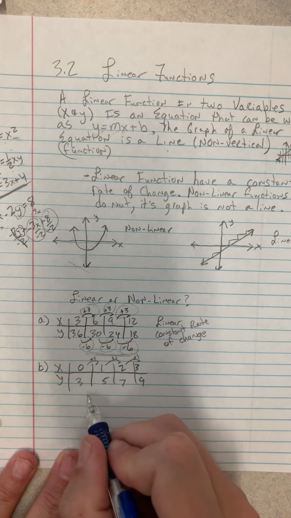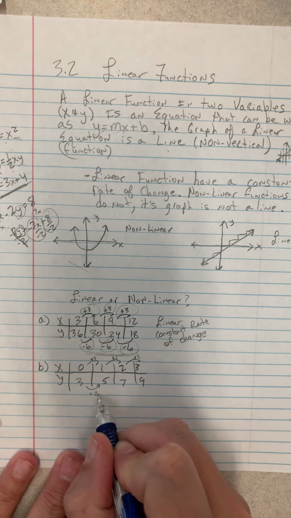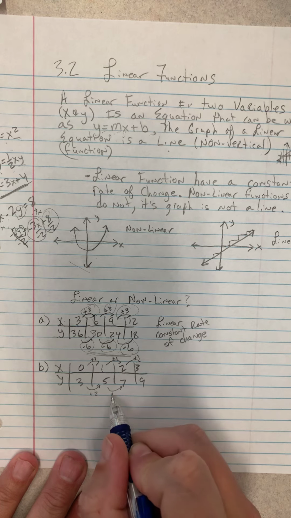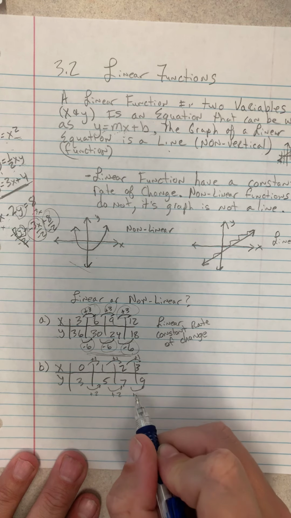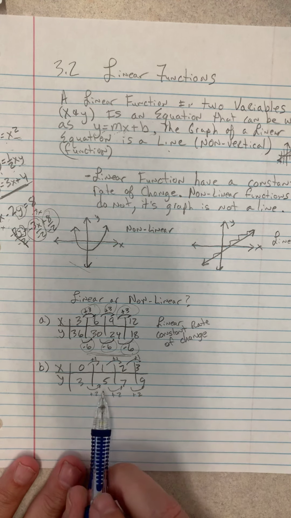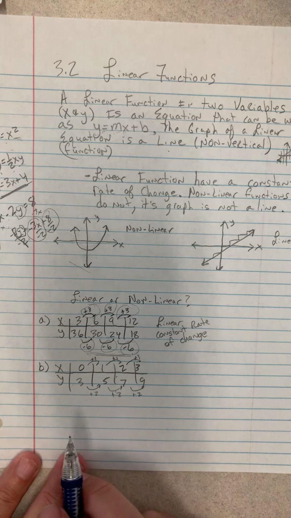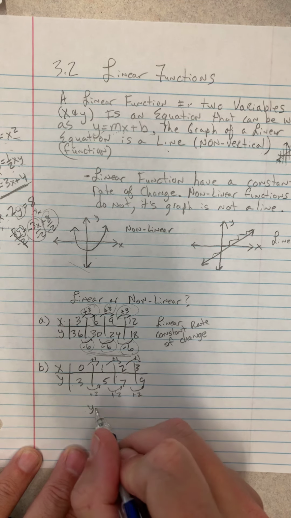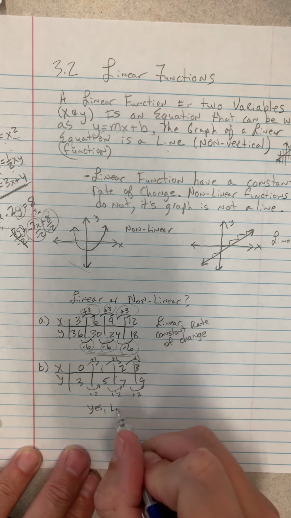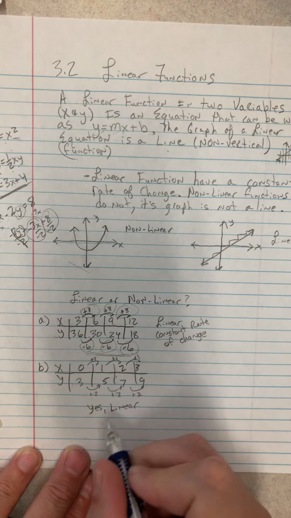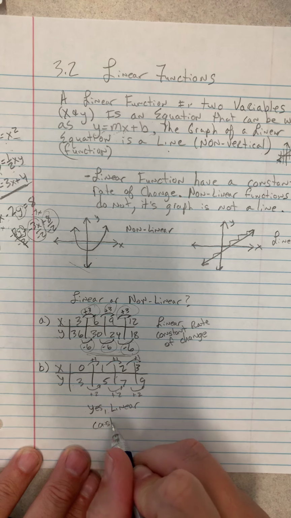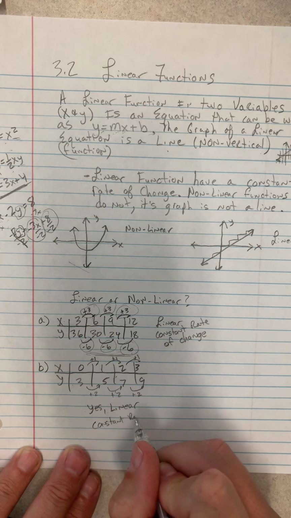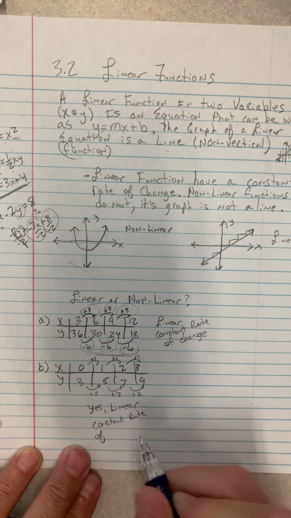This rate of change is constant. 3 to 5, I add 2. 5 to 7, I add 2. 7 to 9, I add 2. It's constant in my x's, it's constant in my y's. Yes, this is linear, and your reason is it has a constant rate of change.